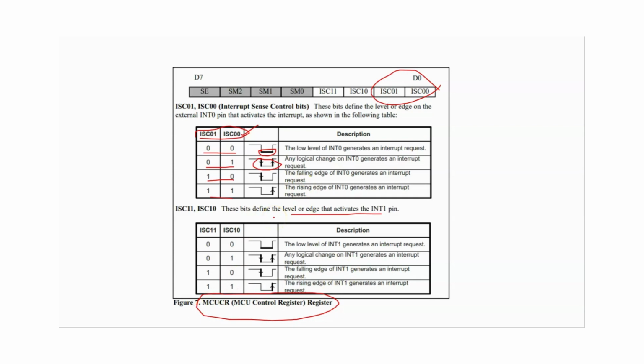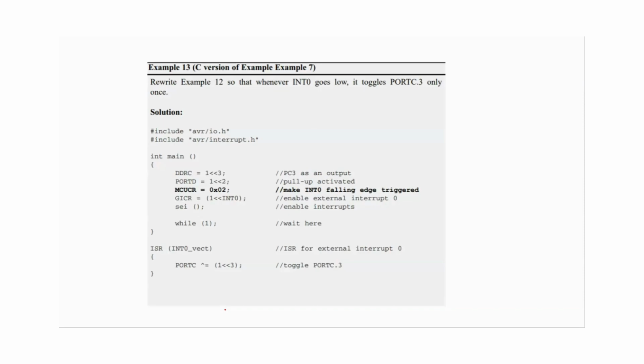The problem in the previous code was that it was level triggered, so it was generating interrupts again and again, but we were interested only once. So we will use the falling edge triggered case, and to do so we will have to use the MCUCR register, which we'll discuss in the next case.